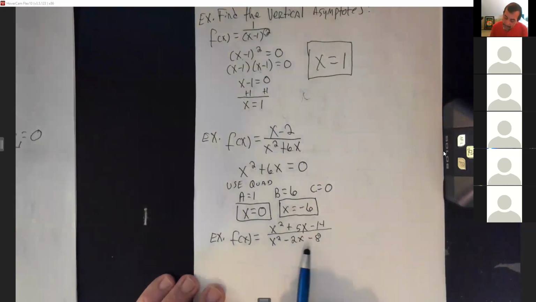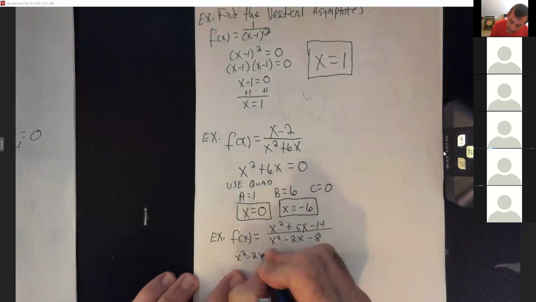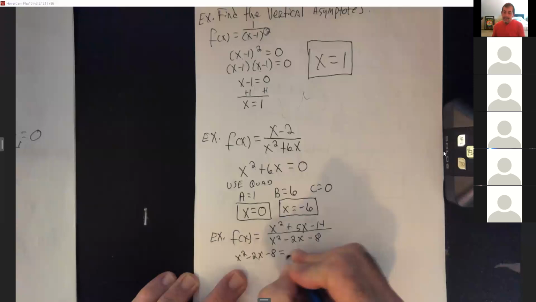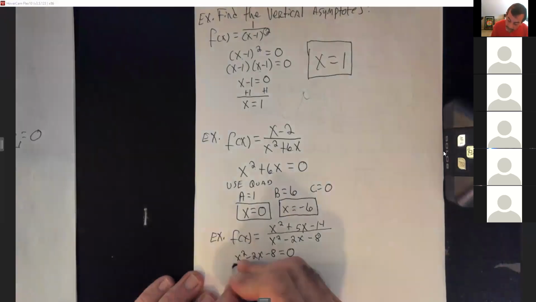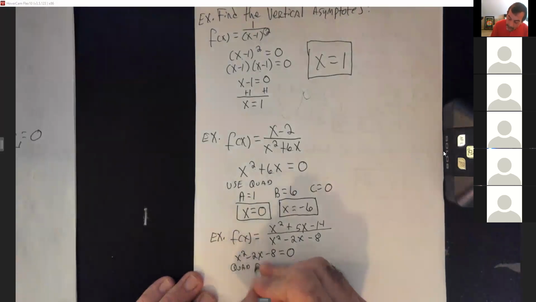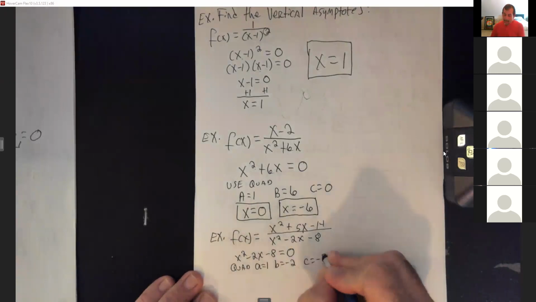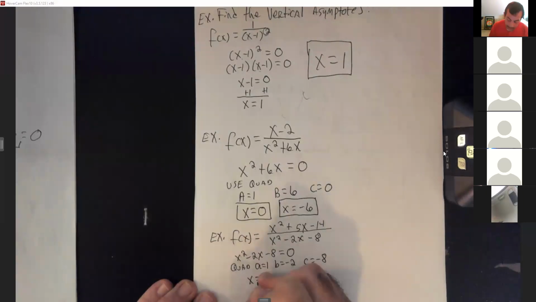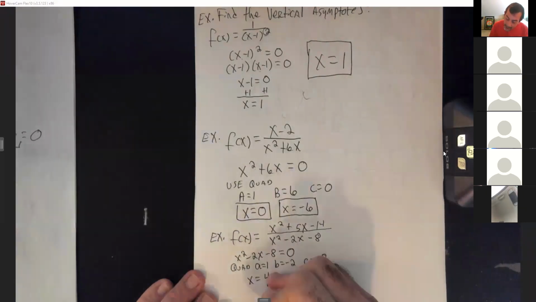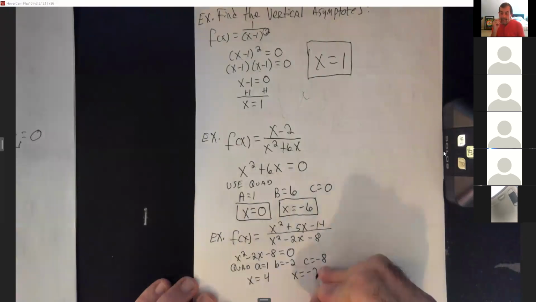So the first thing is to worry about the bottom. So set that equal to 0. And this one, I'm definitely going to use the quad. A will be 1, B will be -2, and C would be -8. If you punch that in on the quad, it would give you two answers. It would give you x is +4, x is -2.